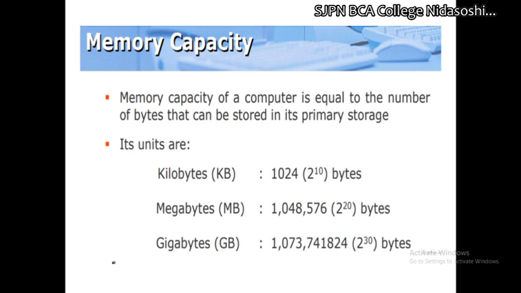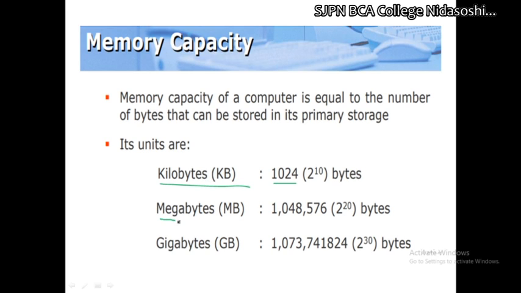These are some measurement units. The kilobyte, KB, is 2^10 bytes, that is 1024 bytes. A megabyte, MB, is 2^20 bytes, that means 1,048,576.